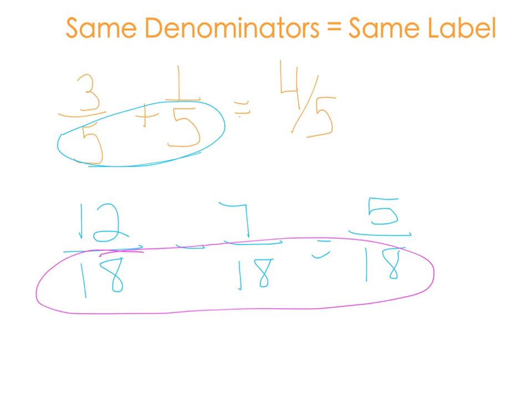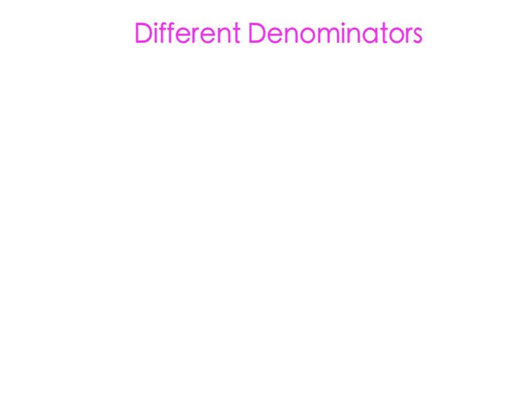But sometimes we are going to run into problems where the labels are not the same. When we have different denominators, we are going to have to write equivalent fractions for our problem to make them all have the same denominator, because remember, we talked about equivalent fractions previously. It represents the same amount of a whole. So for example, if I had 2/3 plus 1/6, thirds and sixths are not the same label.